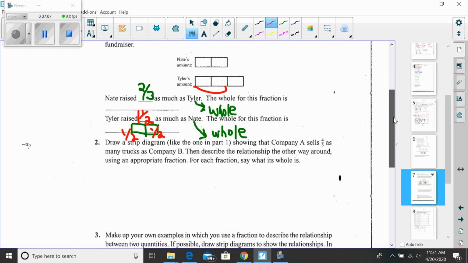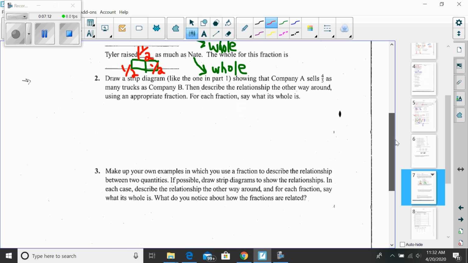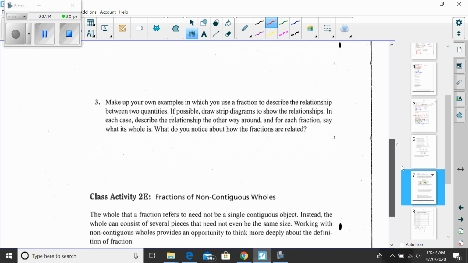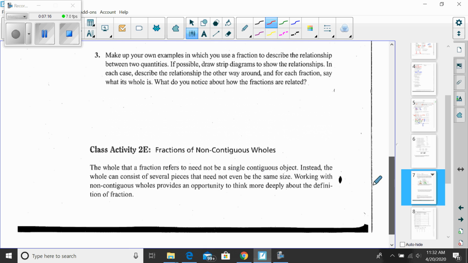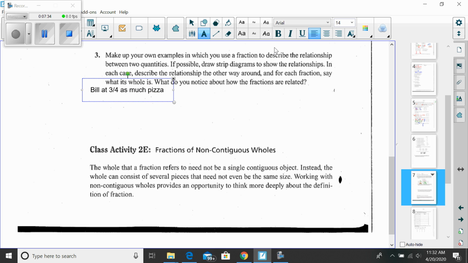So I'm going to leave 2 for you to try on your own. With the make up your own example, I'm going to give you one. I'm going to say, Bill ate 3/4 as much pizza as Jane.